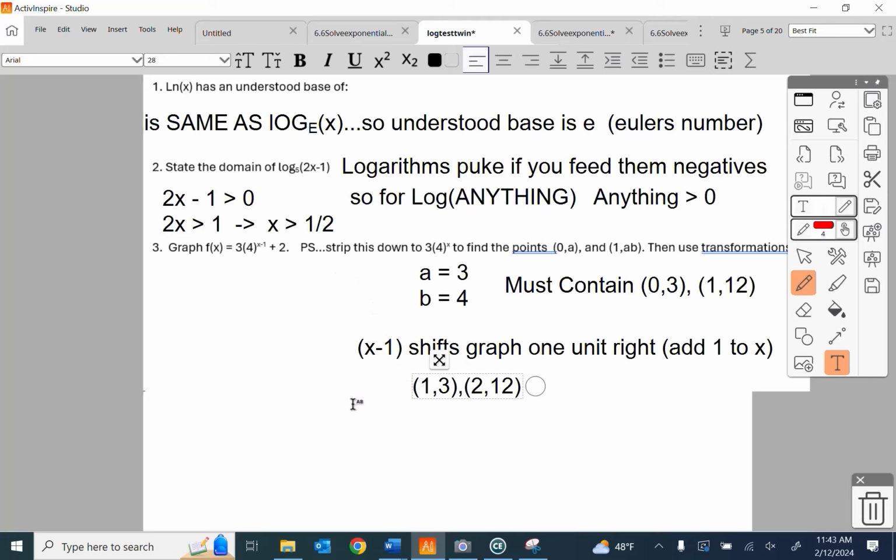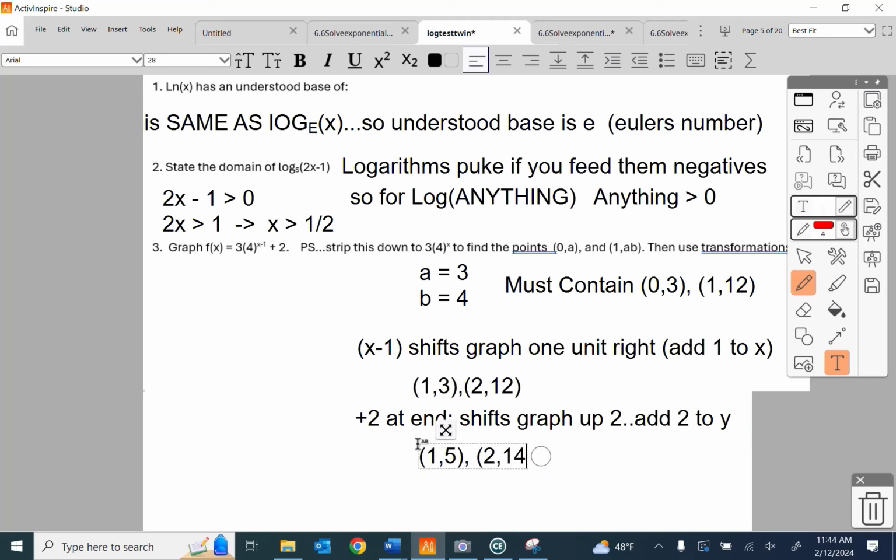There's this plus 2 at the end. It shifts the graph up 2, which means add 2 to y. So I am now (1, 5), and I am now (2, 14).